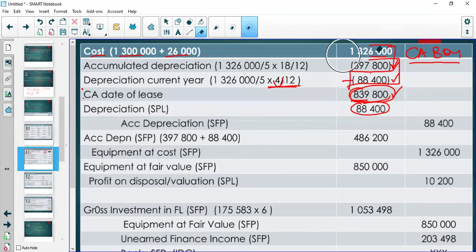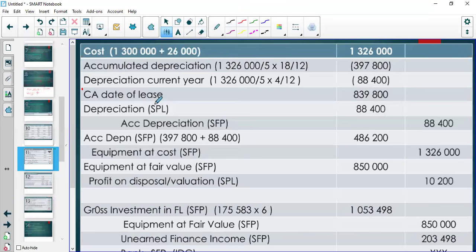So remember to always indicate whether it's a statement of profit or loss or statement of financial position or changes in equity or other comprehensive income. You need to indicate which financial statement we're looking at.